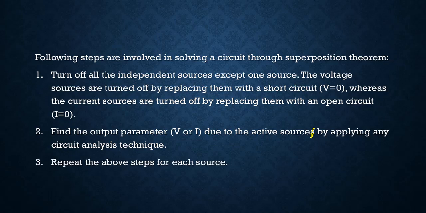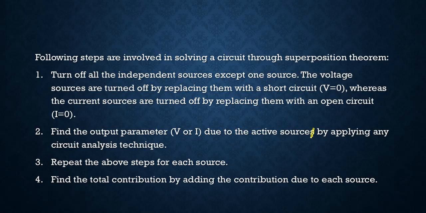Then you need to continue the above two steps for all the sources present in the circuit. In the final step, you need to add the individual contributions so that you can find the total contribution. So let's move on towards a few examples of the superposition theorem.